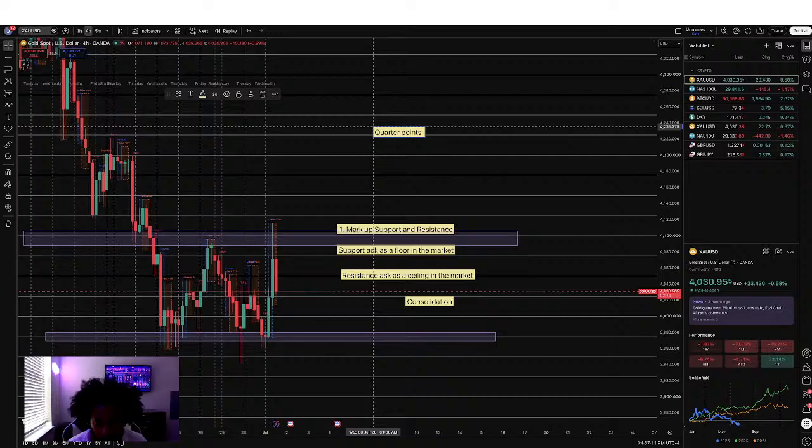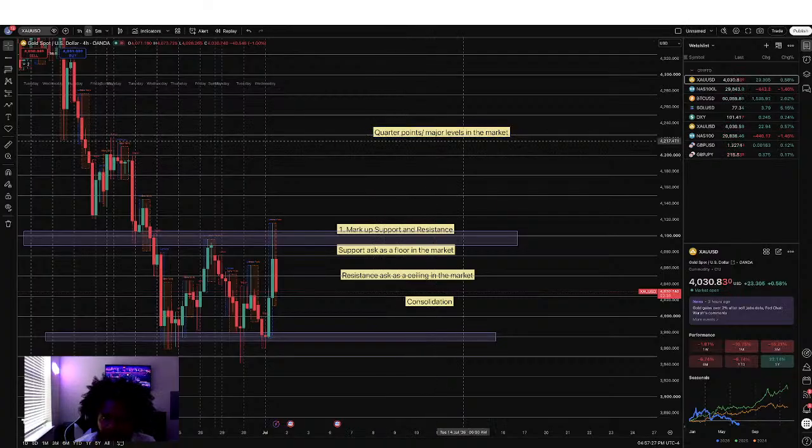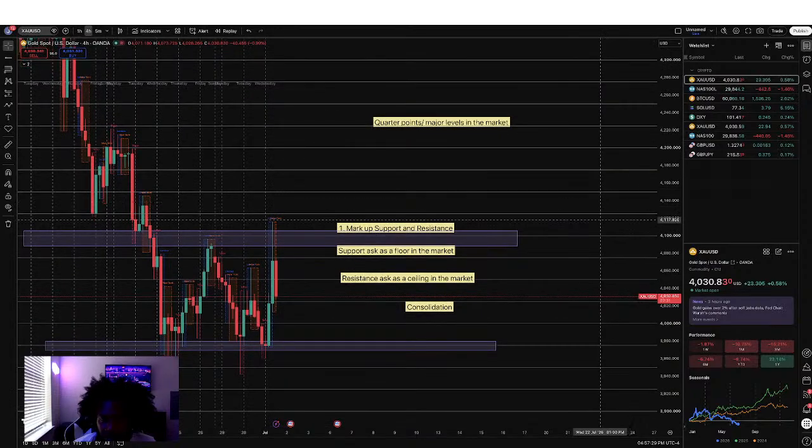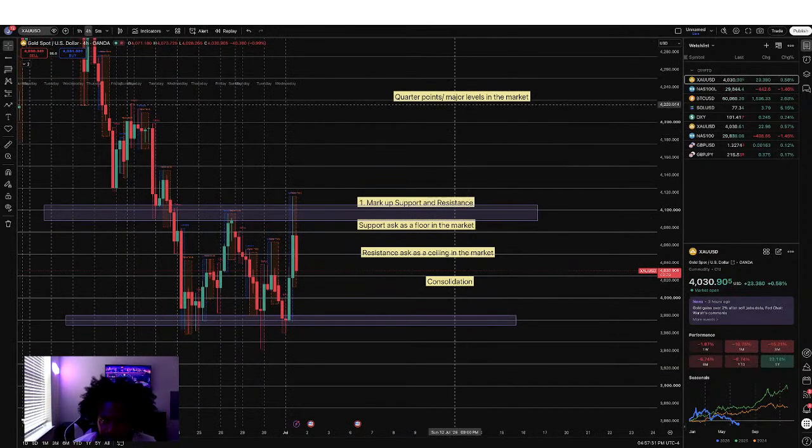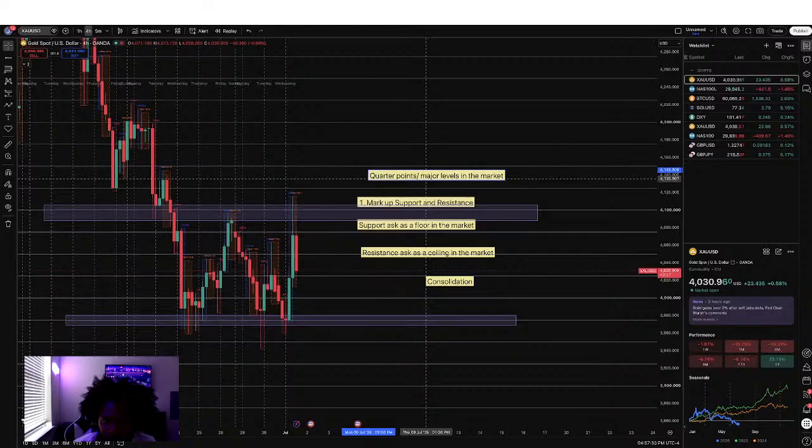So we're going to put slash major levels in the market. So for quarter points and major levels within the market, this also ties into support and resistance.